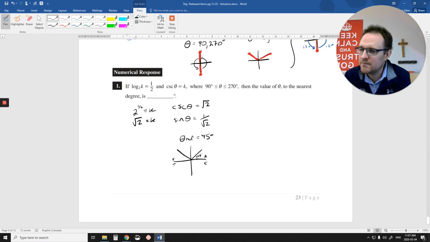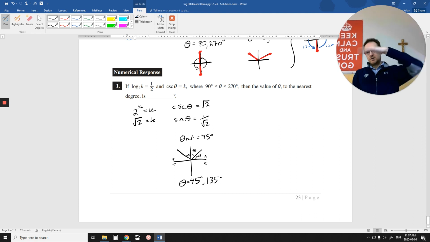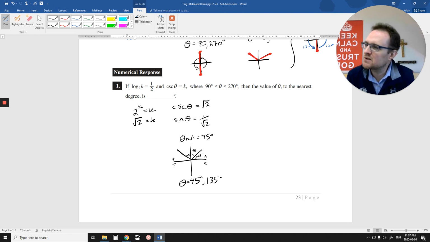So theta is 45 degrees and 135 degrees. Okay, so they want from 90 to 270, so they only want the left half of the circle. The left half of the circle does not include the 45, only the 135 here. Yeah, let's put the 135.